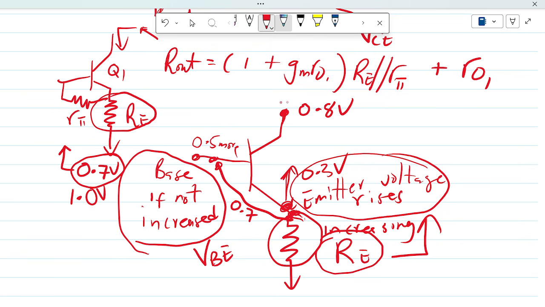That's what we decide, depending on the current that we want here.